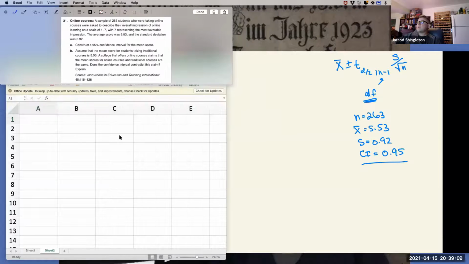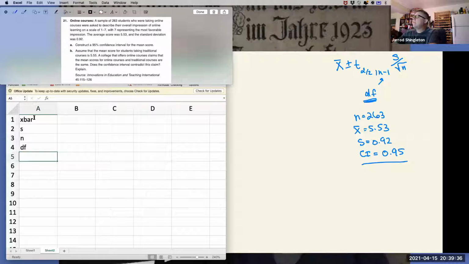Now I have everything I need at my disposal to go back to my calculator, which in this case is going to be Microsoft Excel, and create a confidence interval. So let's start putting this in here. I need x bar, I need s, I need n, and the degrees of freedom. I sometimes put those in two different places, and sometimes I will actually just calculate the degrees of freedom myself later on. That's fine. So what else do I need?